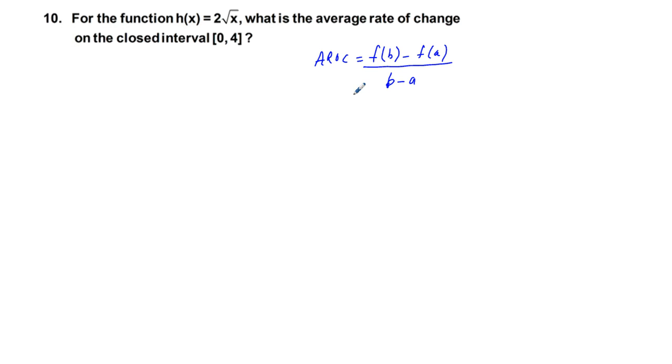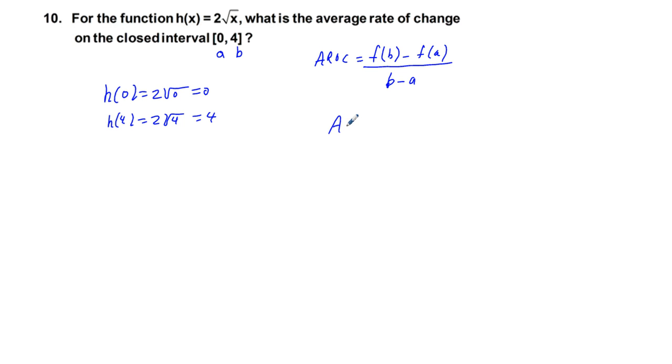And so we can just define 0 as a and 4 as b. h of 0 is going to be 2 square root of 0, which equals 0. h of 4 is equal to 2 square root of 4, which equals 2 times 2, which equals 4.